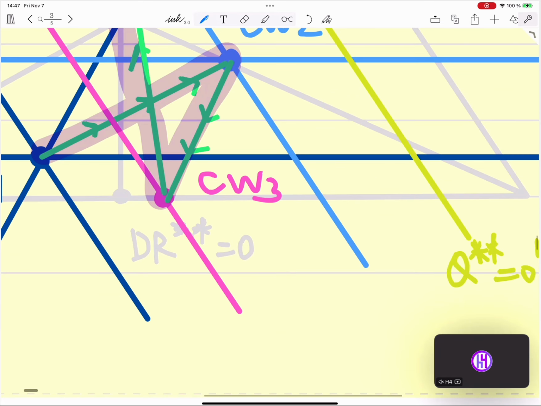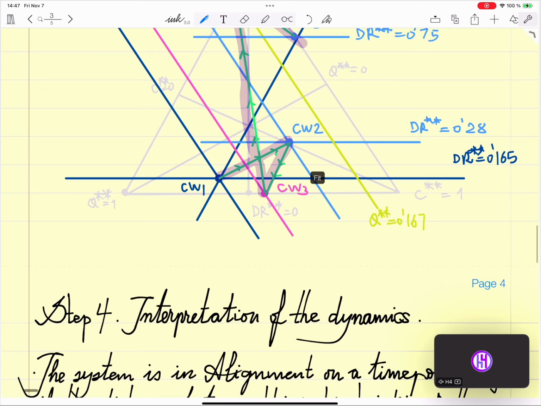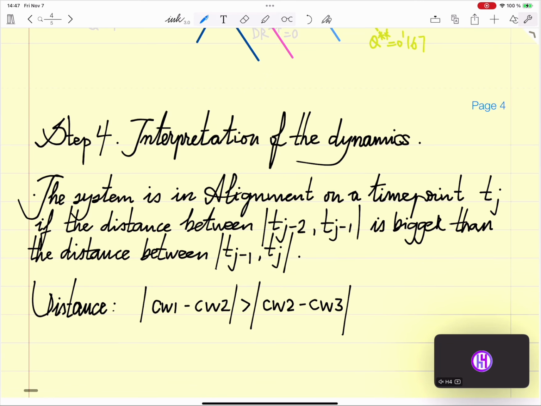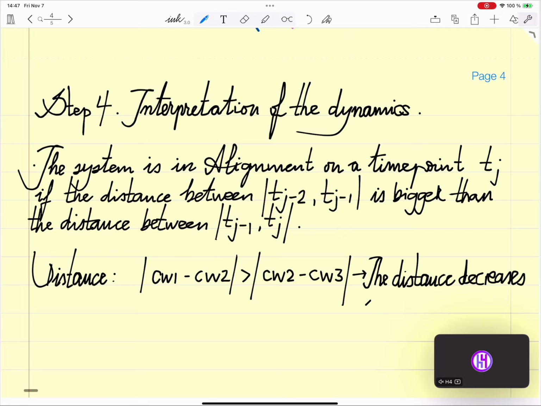You can measure it with a ruler. The result is that the distance decreases, so we have alignment in calendar week number 3.